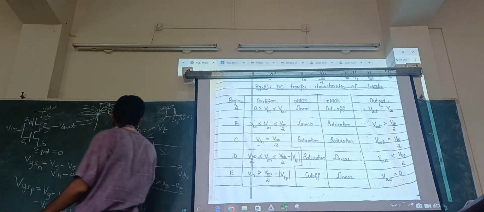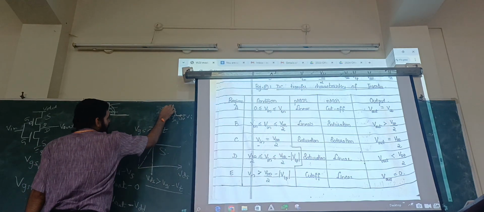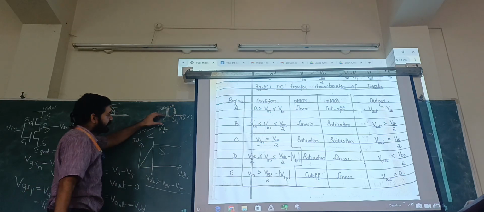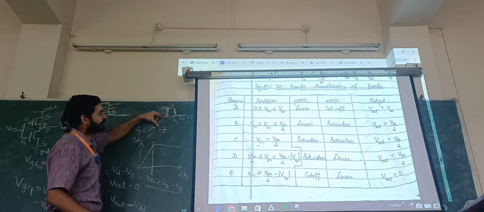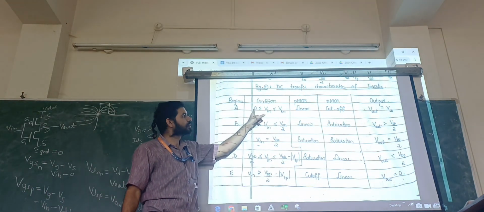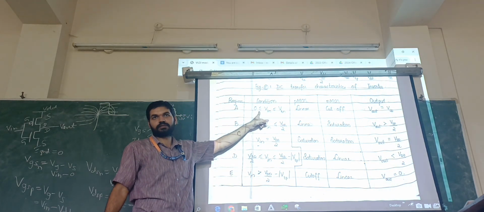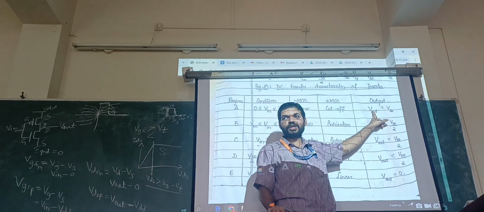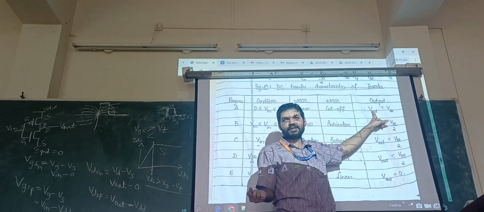Region A means this region, this is the full region A. Input is near 0. Okay. What is the output? Input near 0 means output is VDD. Inverter.